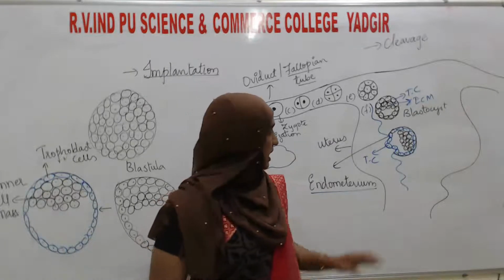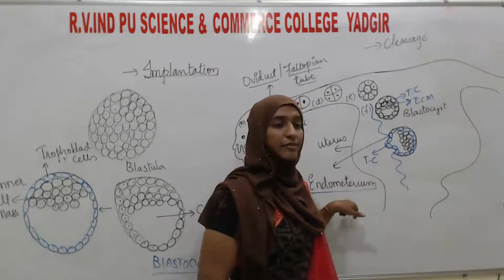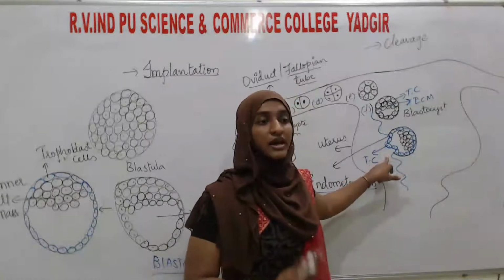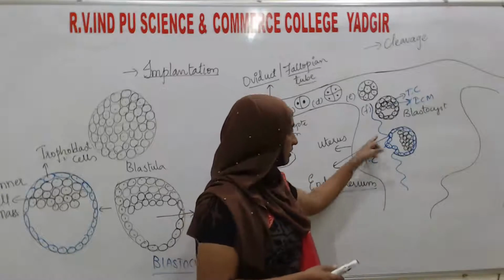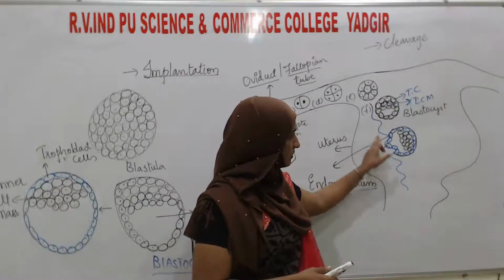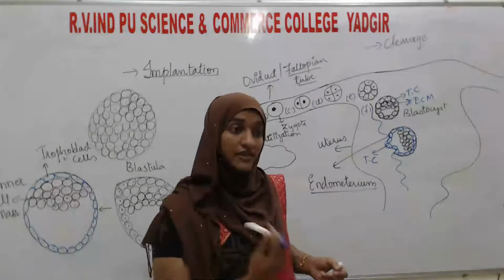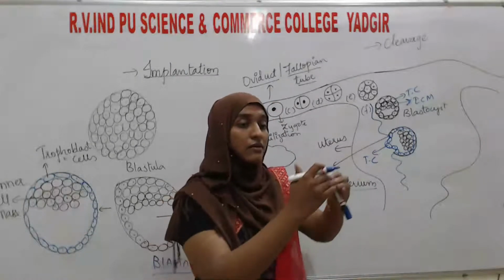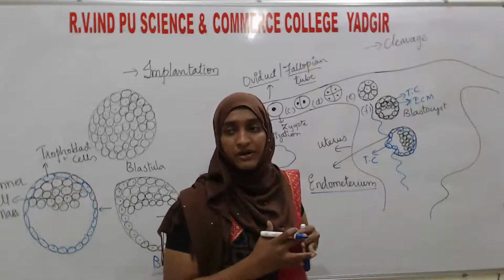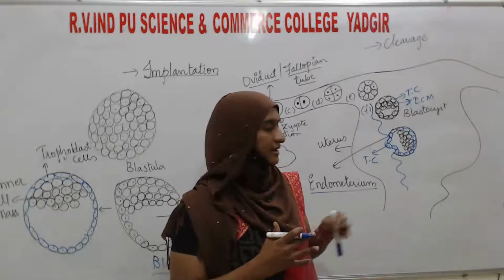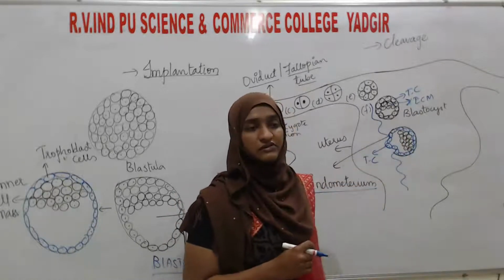Okay, so after attachment to the endometrium lining, what happens next is that the cells which are present in this endometrium lining will cover and engulf that particular trophoblast layer, that is, the blastocyst.